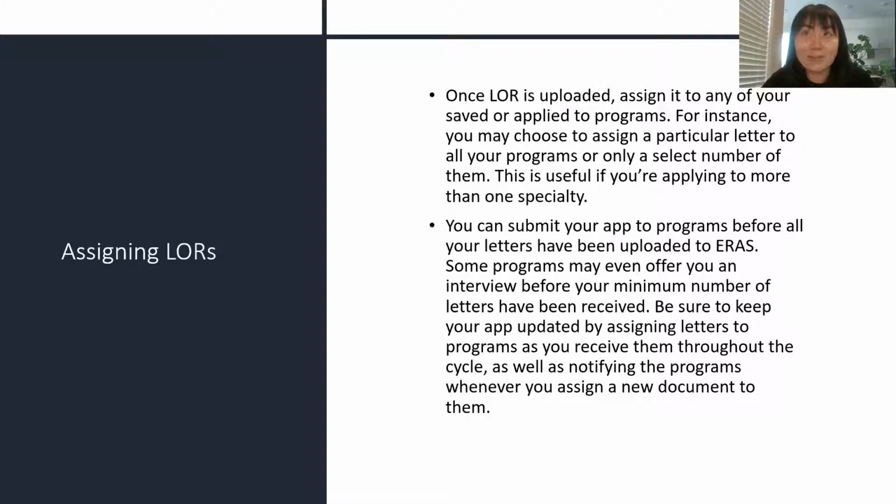Whereas if you're applying to multiple specialties, say psychiatry and family medicine, and you're getting a letter from a family medicine attending, then you may not want to assign that letter to psychiatry. You may or may not. So use your best judgment, but there is that flexibility provided on ERAS.